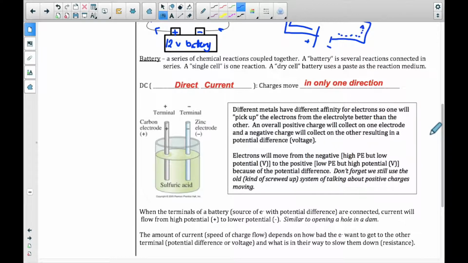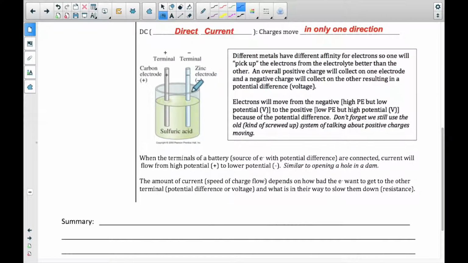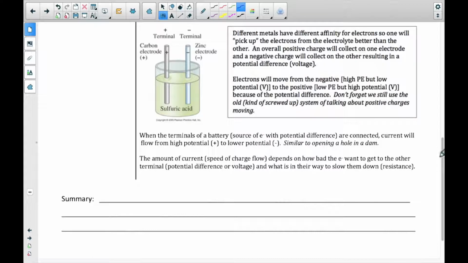An overall positive charge will collect on one electrode and a negative charge will collect on the other, resulting in a potential difference. And so again, I believe you've talked about affinities in your chemistry classes. So that's just an example of visualizing chemically what is happening within a battery. In this class, we don't need to really get into that. We're just going to be looking at the current and how the current is flowing, not necessarily the chemistry of that current.